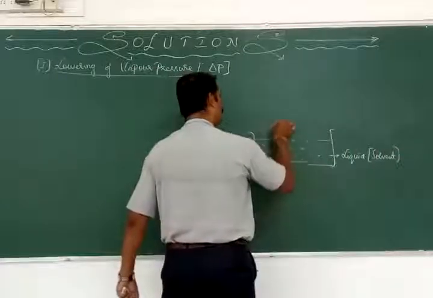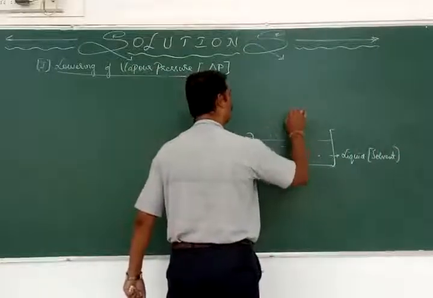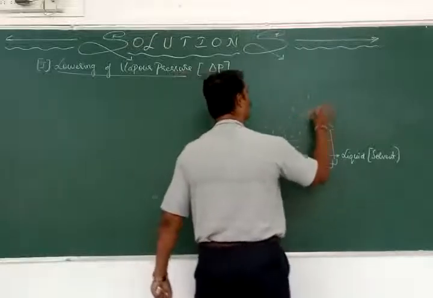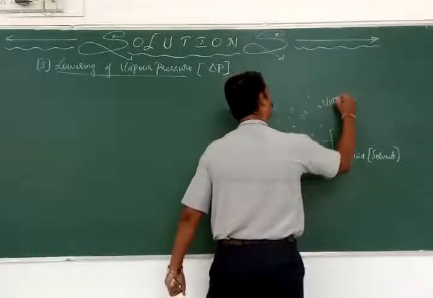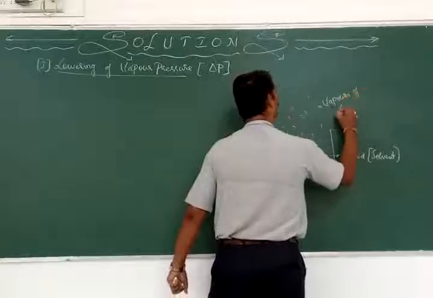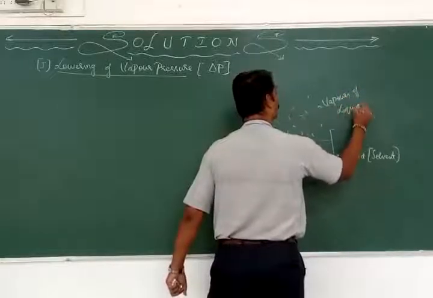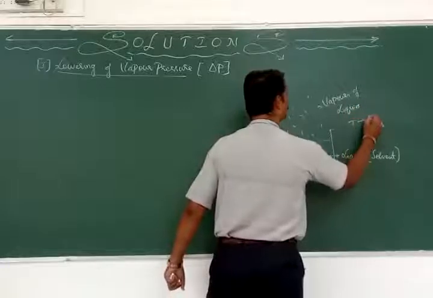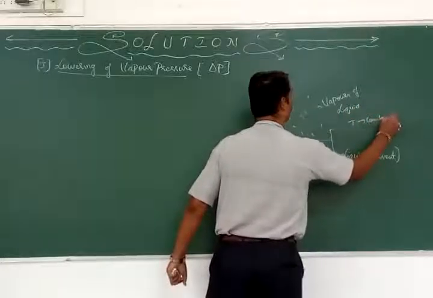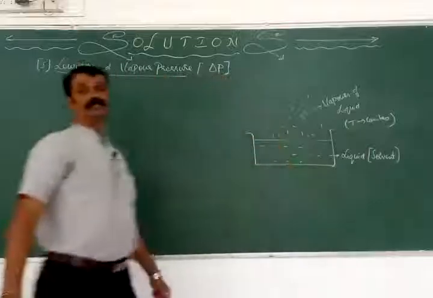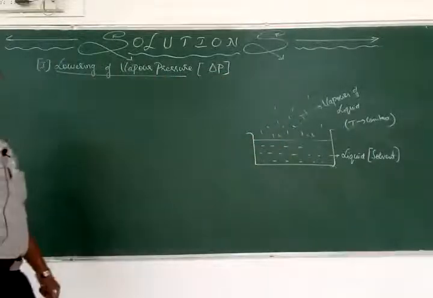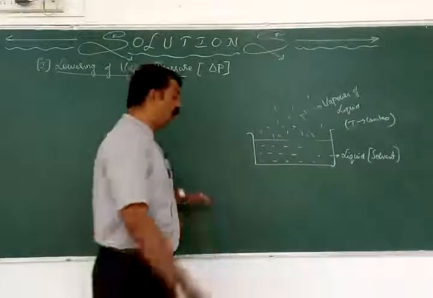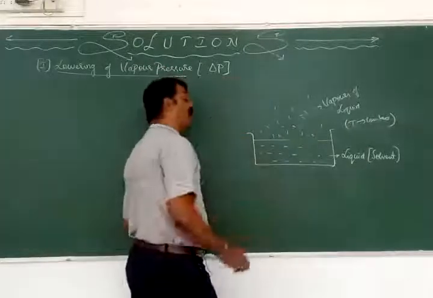And these are the vapors of that particular liquid under consideration at constant temperature. Here the temperature is kept constant, because at constant temperature the vapor pressure of the liquid is constant. How are the vapors produced here? It is due to the absorption of heat from the surroundings.